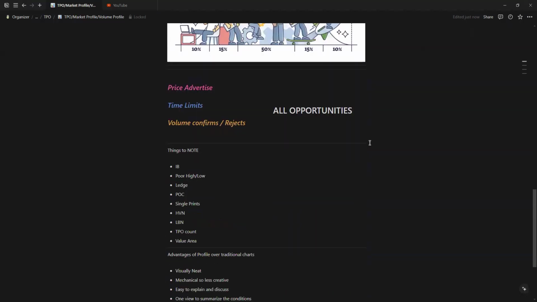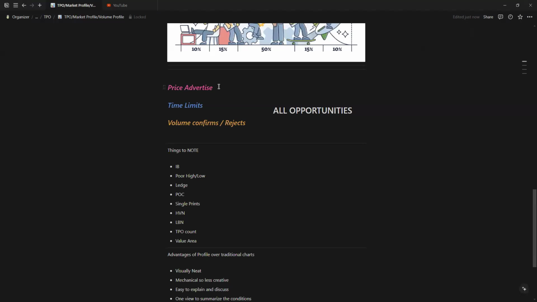First we need to understand volume profile or market profile, and first we need to understand what price is. Price is just an advertisement mechanism. Let's say you go to a shopping mall and you see a 50% discount. How do you know it's a discount?